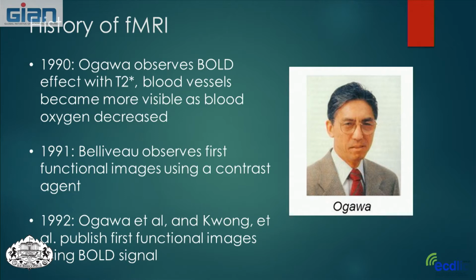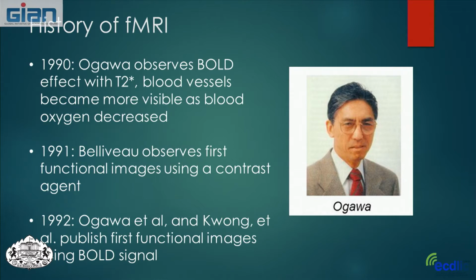Ogawa was the father of functional MRI. In 1990, he observed that this blood oxygen level dependent signal was present because of the T2 star effect, which we talked about a little bit yesterday. I'm going to show you a little bit more about why that is today. He noticed that the areas around blood vessels became more visible as oxygen levels decreased in these areas.